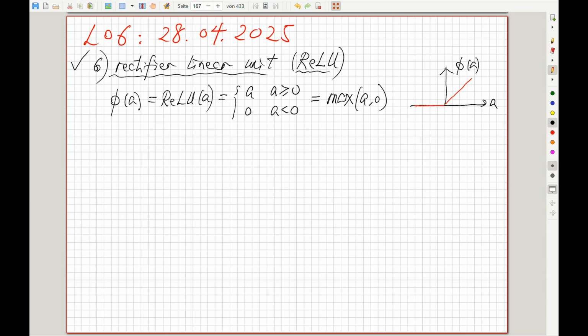Now, let's discuss some properties of this rectifier linear unit. Why the name rectifier? The students of electrical engineering are very familiar with this kind of rectifier. You know, probably, a very simple electronic device, a diode, with the following symbol.